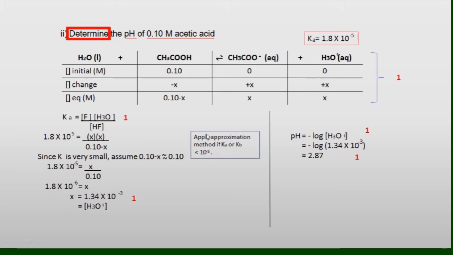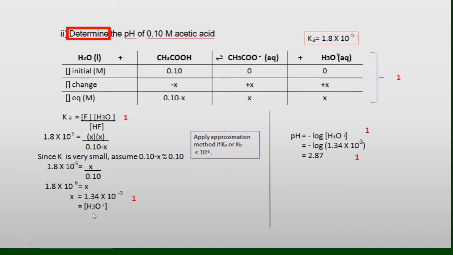We only use this method if it is less than this. So since it is, we need to use this method. So we substitute, and we will get X equal to this.